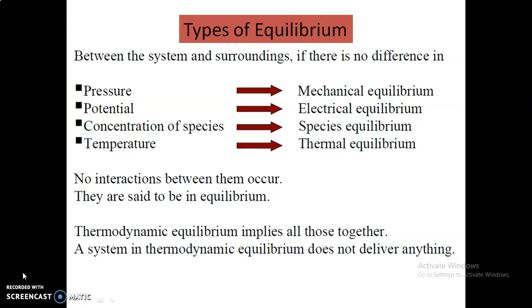Between the system and surrounding, if there is no difference in pressure (mechanical equilibrium), potential (electrical equilibrium), concentration of specific species, or temperature (thermal equilibrium), no interactions between them occur, and they are said to be in equilibrium. Thermodynamic equilibrium implies all those together. So only when the system is in all these equilibriums is the thermodynamic system in equilibrium. A system in thermodynamic equilibrium does not deliver anything.